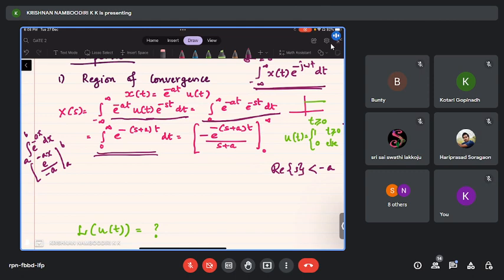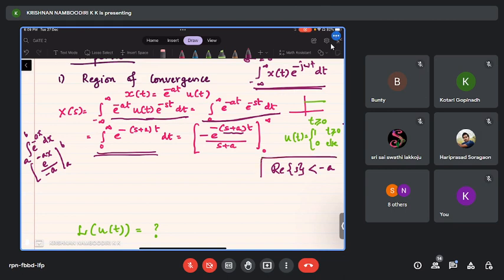You assume that case. Then the real part of s plus a will be a negative number, correct? Only focus on the real part. So the real part of s plus a will be a negative number, correct?